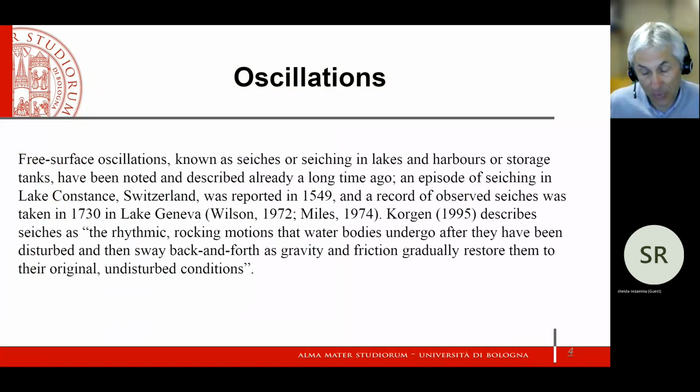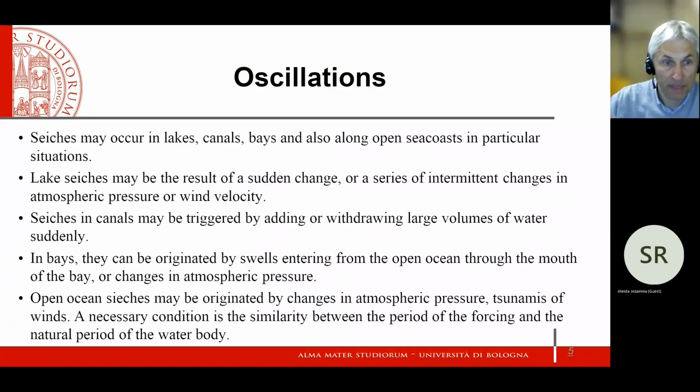So let's focus in detail on what is happening then. This may occur not only in harbors. Seiches can occur also in lakes, canals, bays, and also along open sea coasts in particular situations. Of course, we are concerned with harbors, but in lakes, as I already mentioned, in Lake Constance and the Lake of Geneva, they are indeed likely to occur.